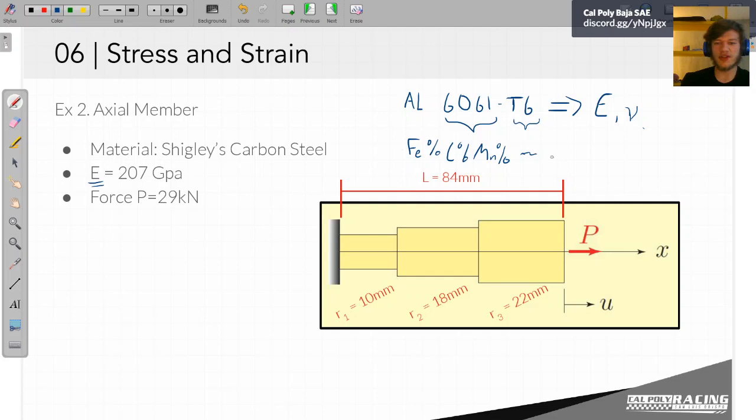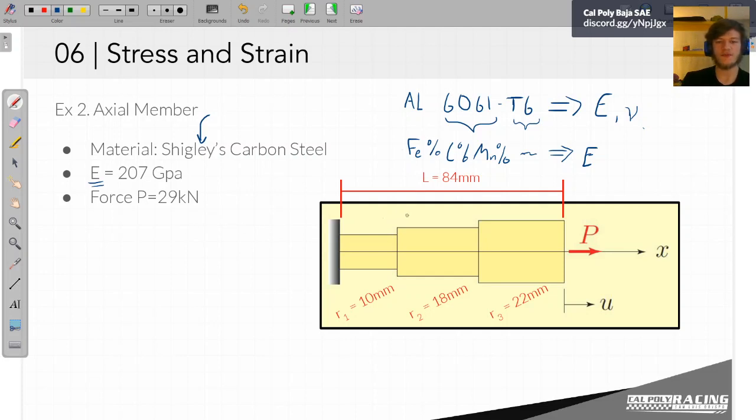But these are all things that you should be able to get from a manufacturer and collect your material properties. So we know E. We are using the good old Shigley's foundry, and we're going to machine this from their stuff.